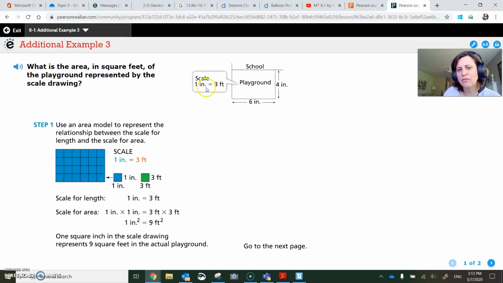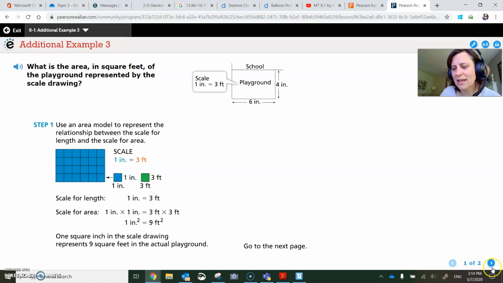So the scale for just the length of it really is 1 inch is 3 feet, but the scale for the area of it, 1 inch square, is 9 feet square. So if you were getting that question wrong, this is why.